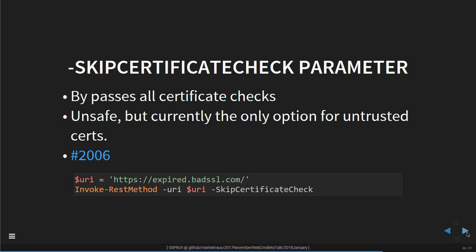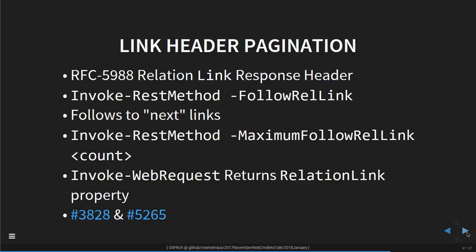So any HTTP site you go to, it just looks at the certificate and says, that's fine. I don't care if you're expired, that I don't trust your CA, that you've got malformed stuff in there, whatever, your certificate's fine. That's good for a lot of testing because a lot of test suites use self-signed certificates to do a lot of work. So this was kind of sorely needed. And that was added in pull request 2006.